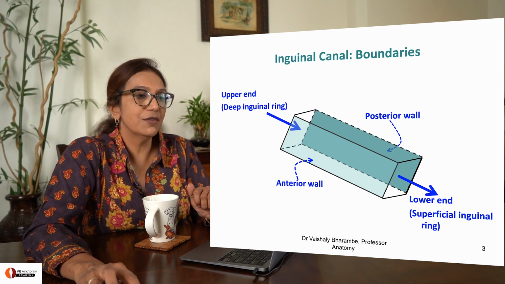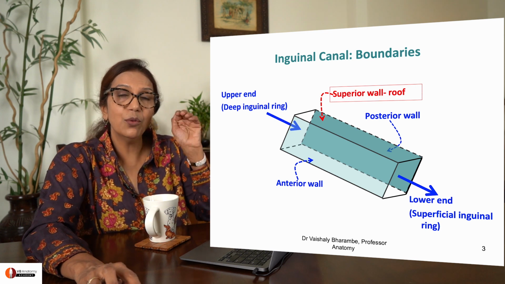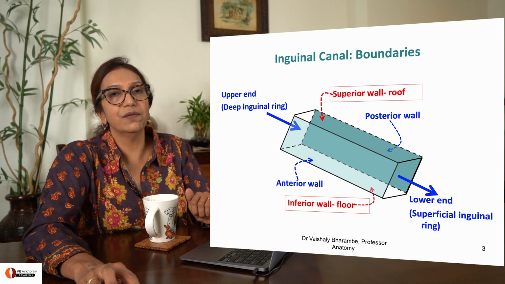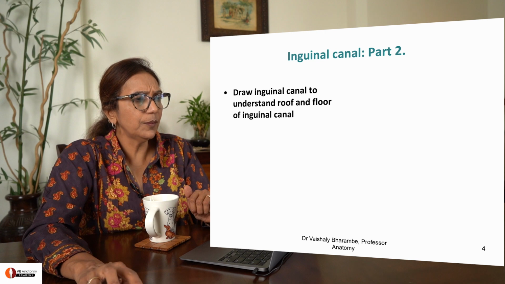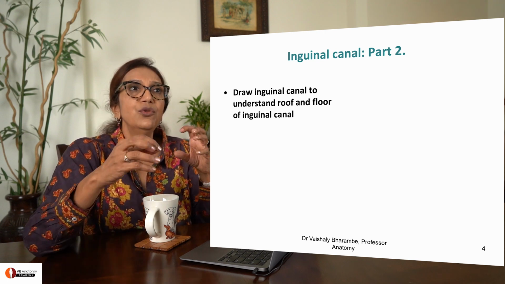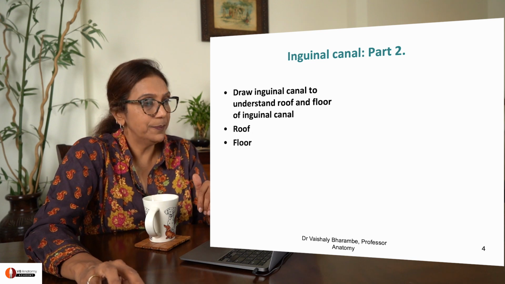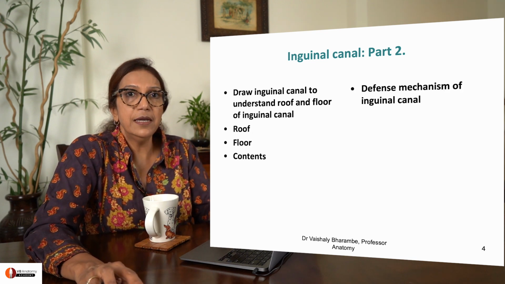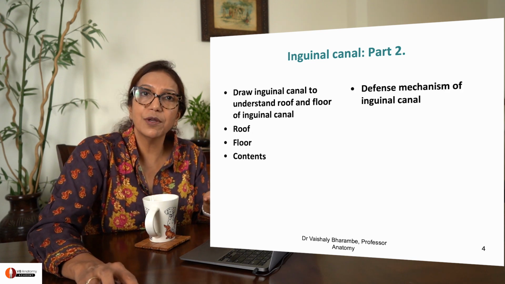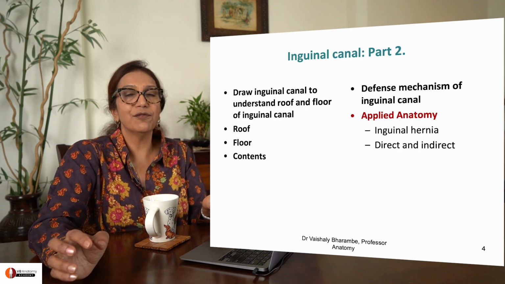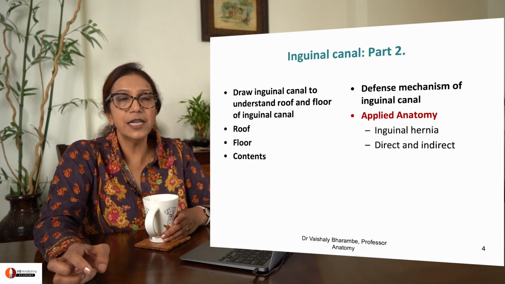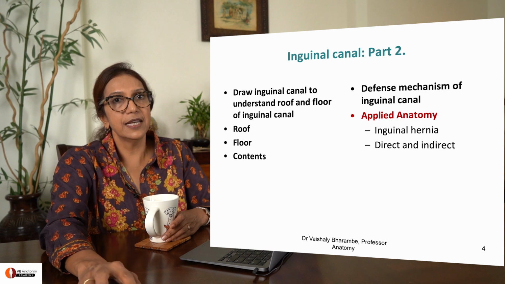In today's lecture, we will be discussing the roof and the floor of the inguinal canal. We will also learn to draw the inguinal canal so as to understand the roof and the floor better. We will discuss the contents, the defense mechanism of the inguinal canal, and finally the inguinal hernia, direct as well as indirect.